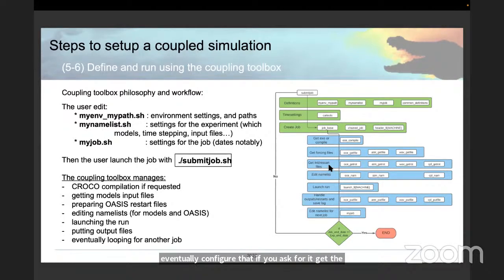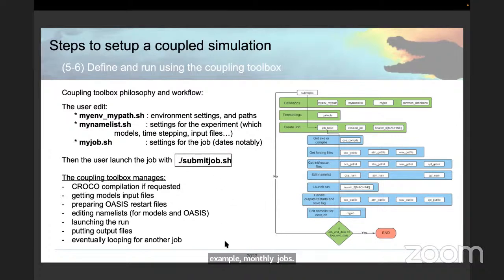It gets the initial and restart files. It edits the namelists automatically, so you don't have to change them normally. The only thing that you have to set up is in my name list. It launches the run, and it also manages the output. It puts the output and restart files in different directories so that you can use them for a following run, for example. And eventually it launches another job if you want to have a kind of loop, for example for launching monthly jobs. So this is the idea of this toolbox.